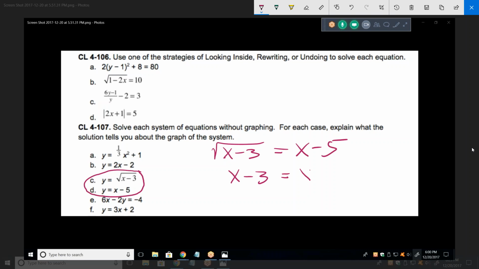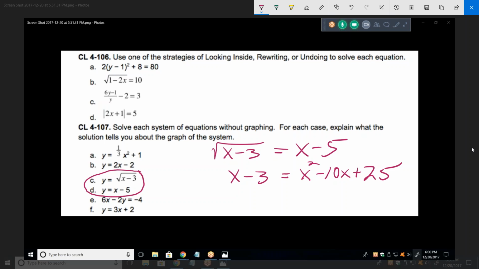X squared plus 25. Biggest mistake made in algebra is the one you just made. Oh, plus or minus. Oh, yeah, because you have to foil it. You got to foil them together.